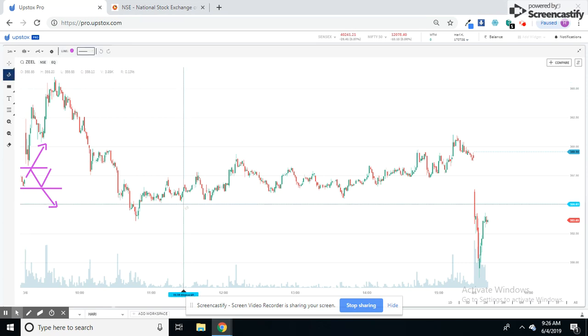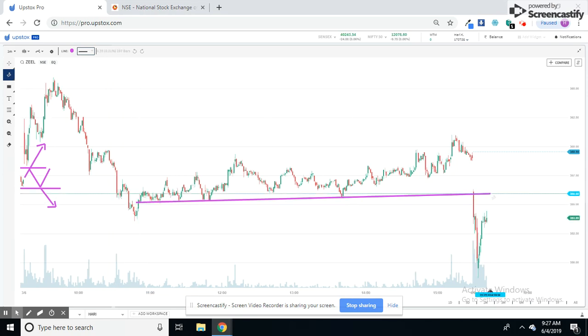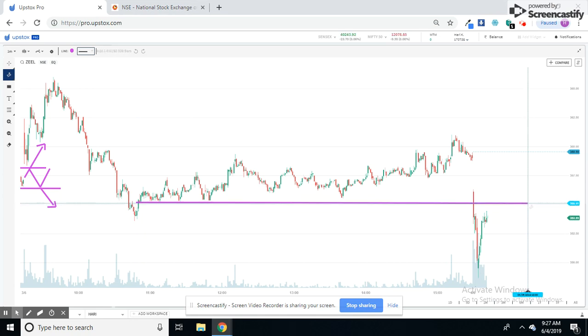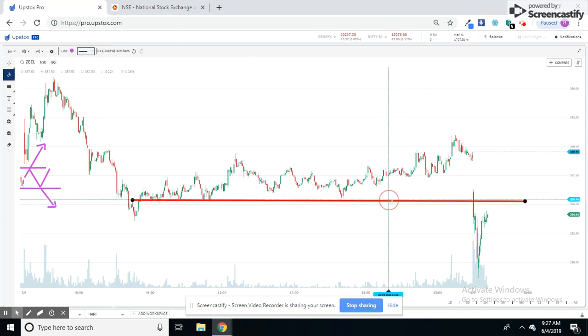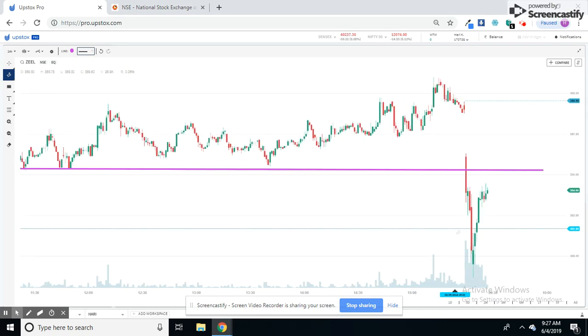So I'm going to plot a support over here, because multiple times the price moved up after touching this level. So this can be considered as a support.